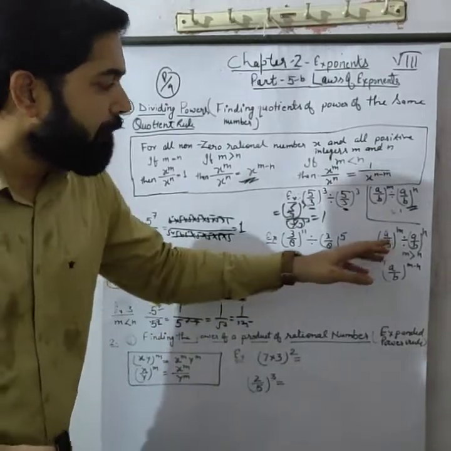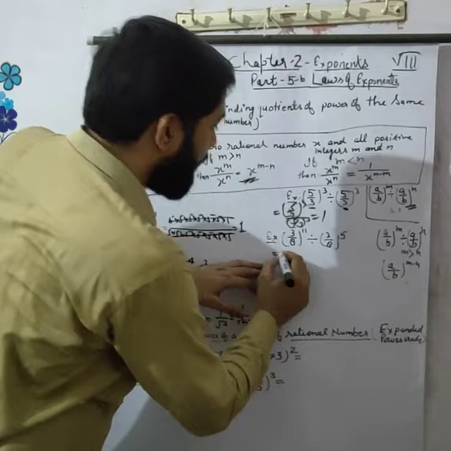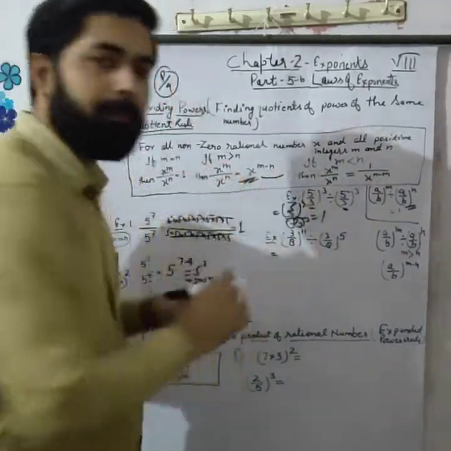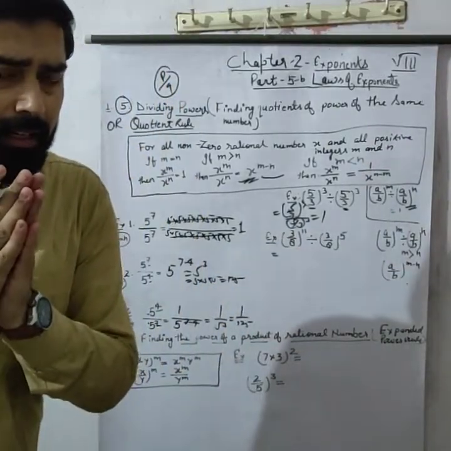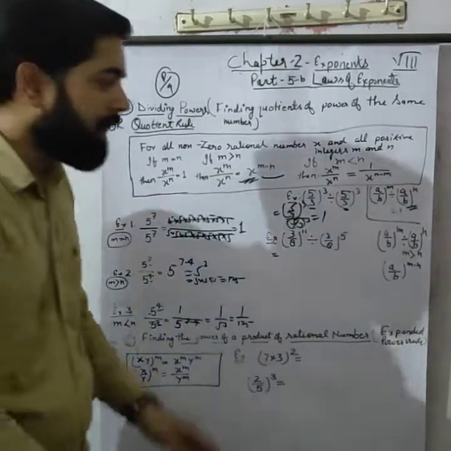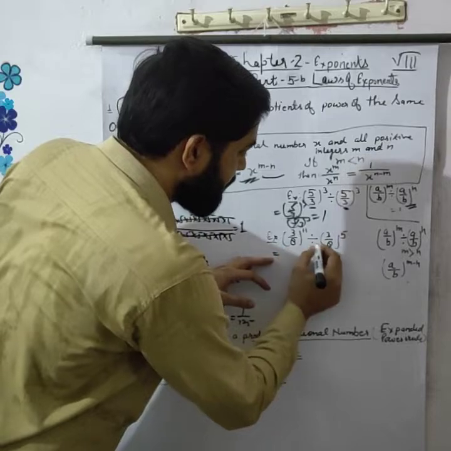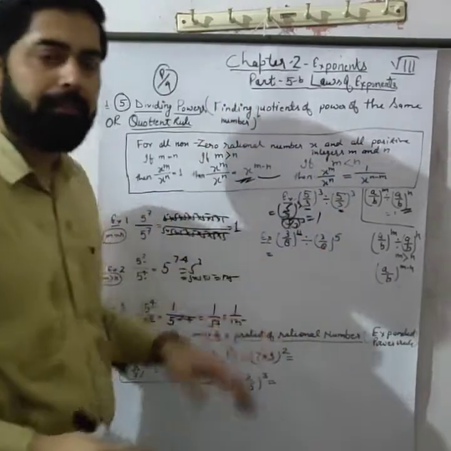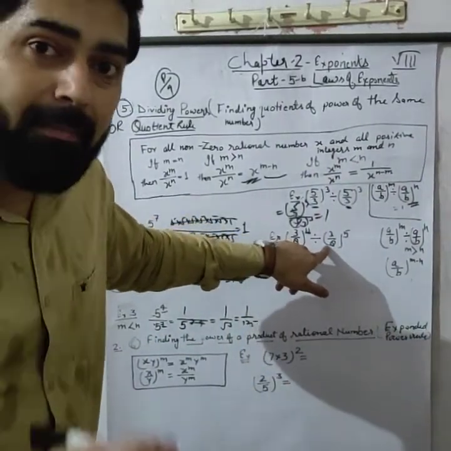Now the second condition: when m is greater than n, how can we solve this type of question? We solve it on this condition: write the base the same and raised to the power m minus n. So here we have 3 upon 8 raised to the power 11 divided by 3 upon 8 raised to the power 5. Match both bases. Both bases are the same.